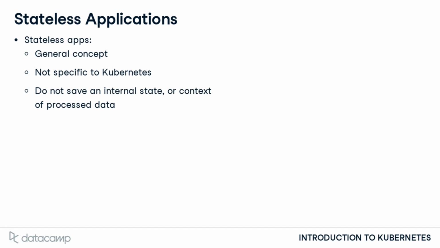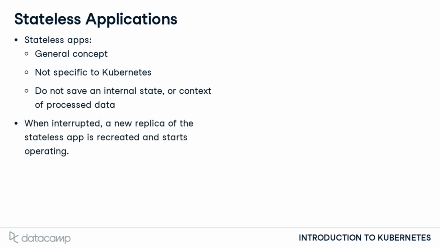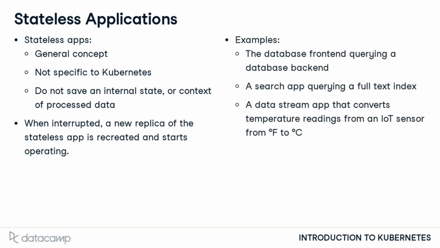This means that they don't remember any previous activity or data they've handled. If such an application gets interrupted or stopped, a new replica is created and can start working immediately. To give an example, consider an application that queries a database. Each new query is unrelated to the previous query, so no context or history is needed.